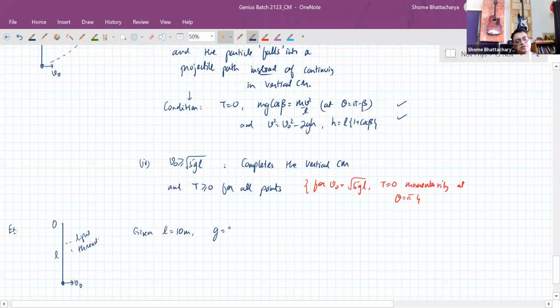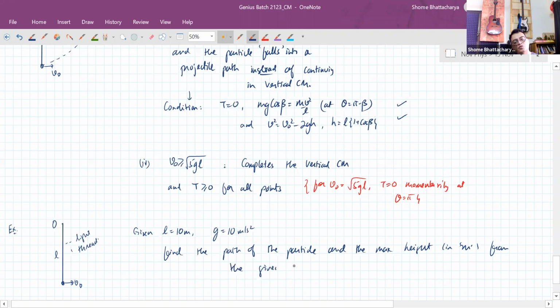The acceleration due to gravity is 10 meters per second square. Find the path of the particle and the maximum height in meters from the given position.